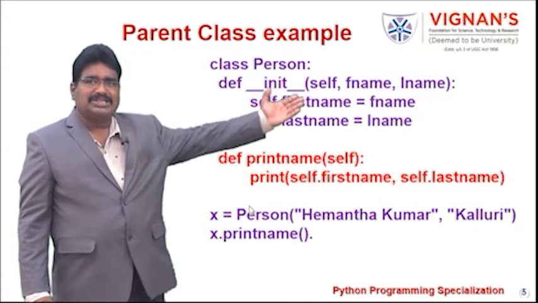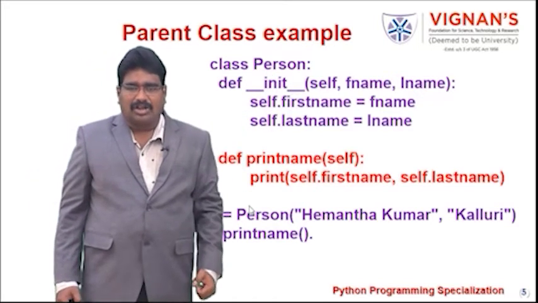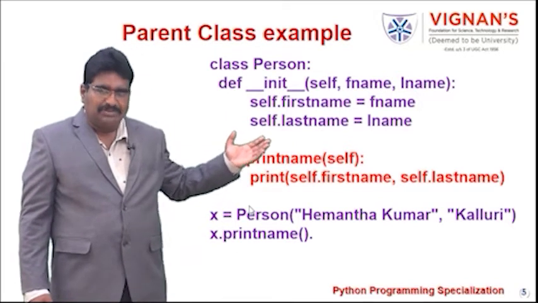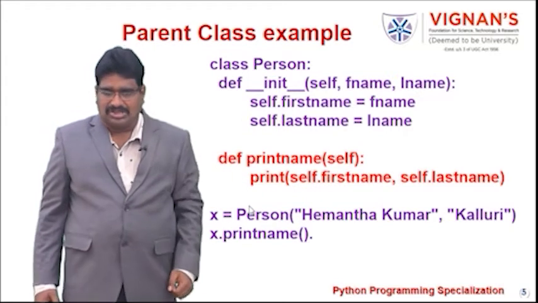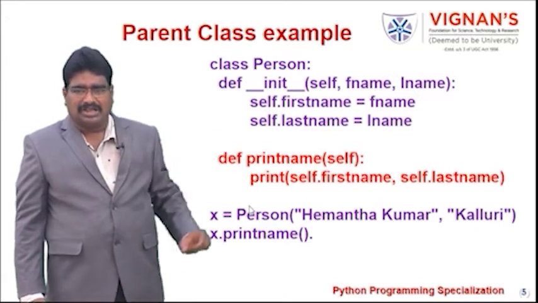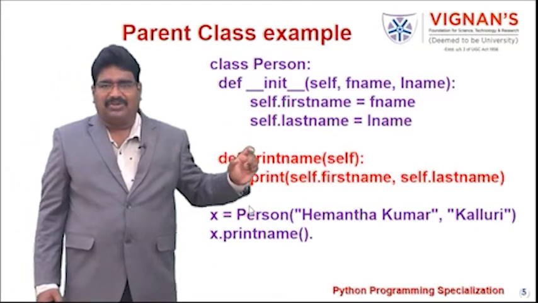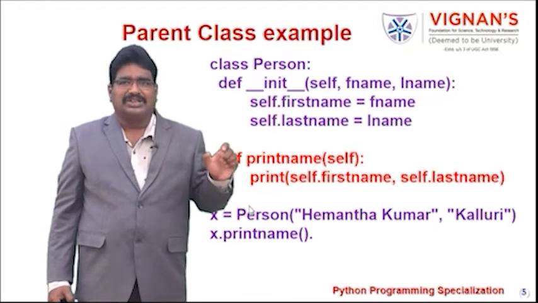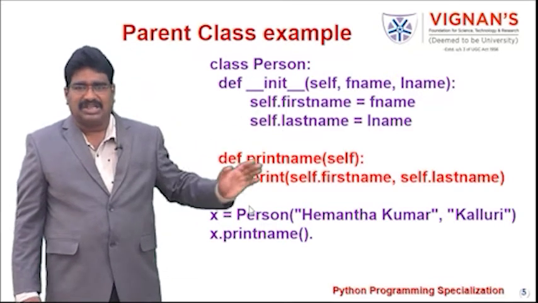It simply takes fname and lname as the parameters, and the argument we pass in fname is assigned to first name, and the argument we pass in lname is assigned to last name. In this example, first name and last name are the object attributes of the Person class. That is, whenever we define any object of the Person class, that object consists of two attributes, one is first name and another one is last name.